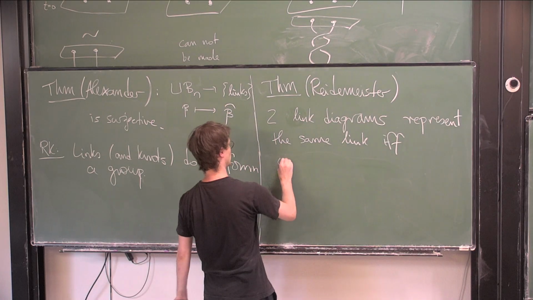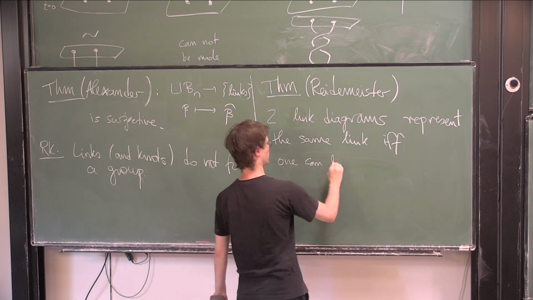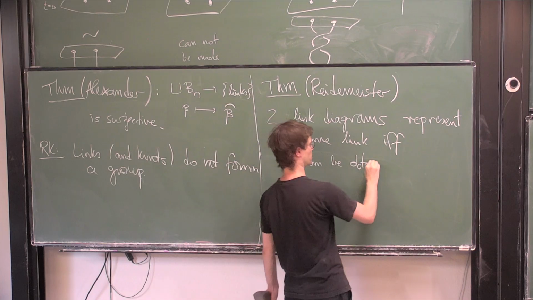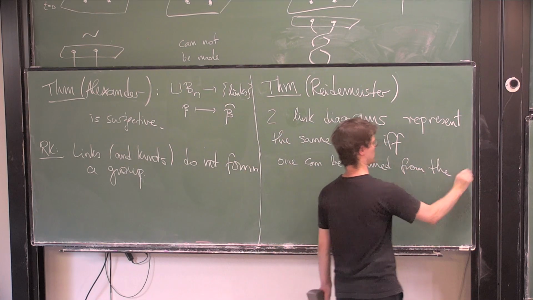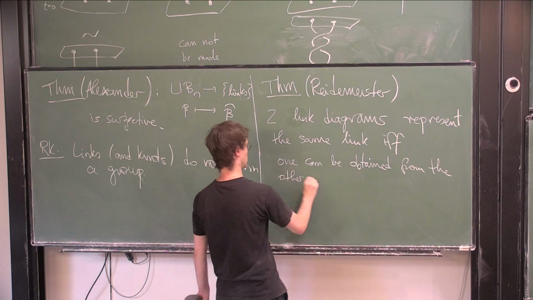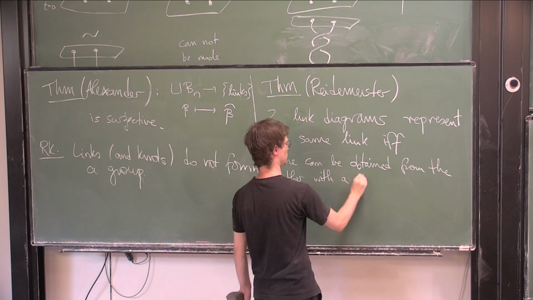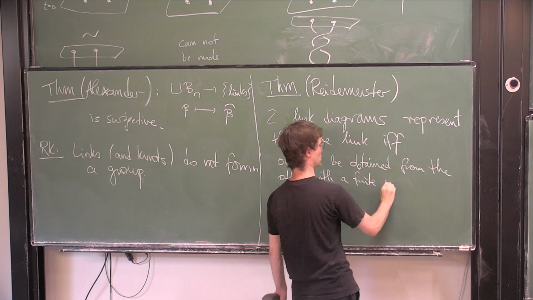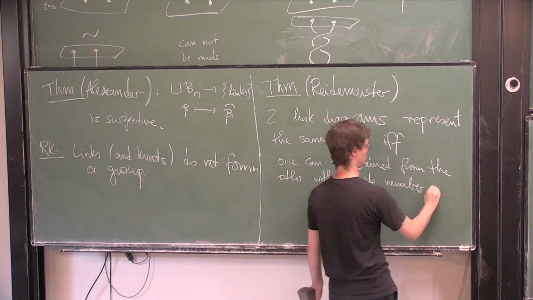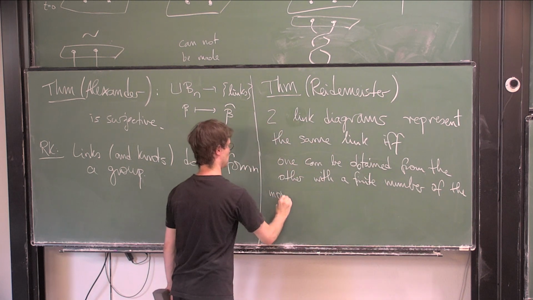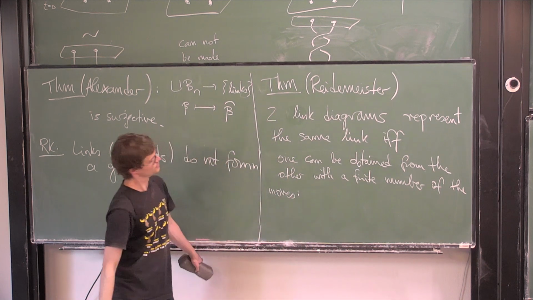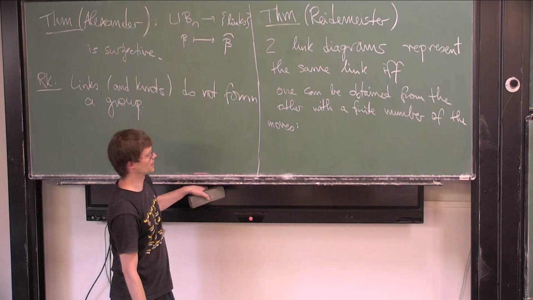That is, if one can be obtained from the other with a finite number of the following moves. There are 3 of them.